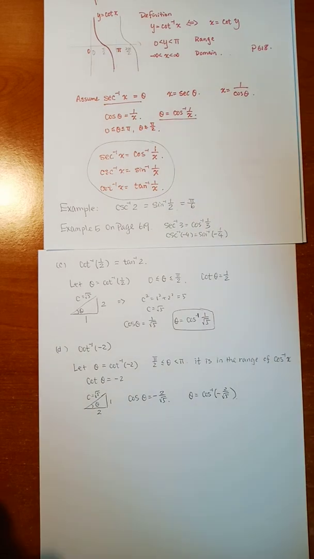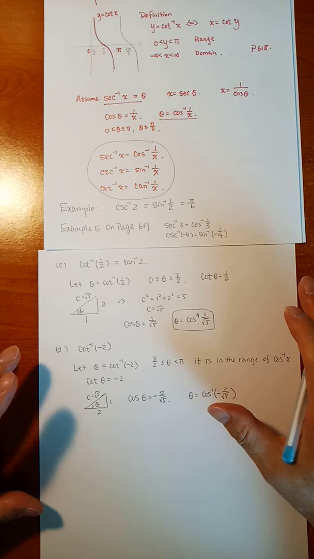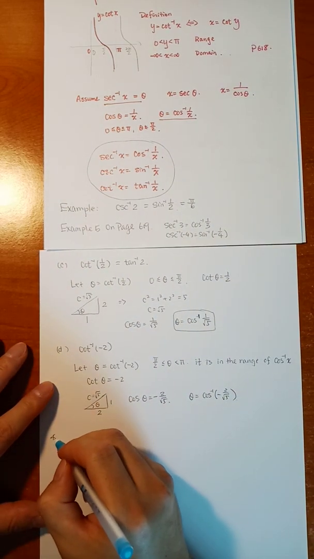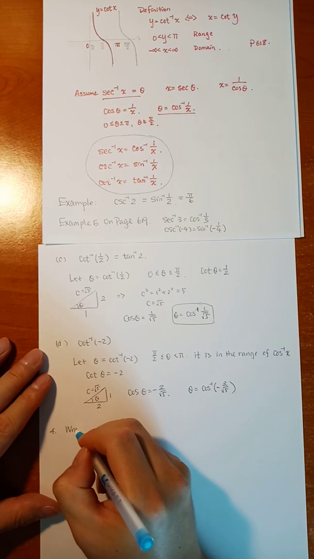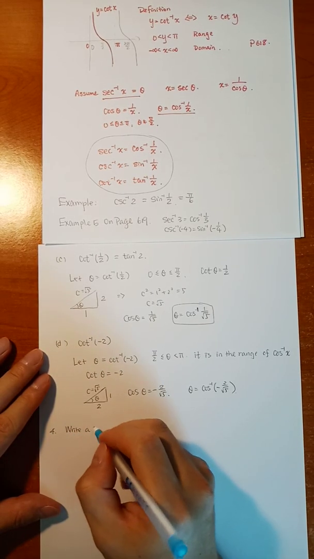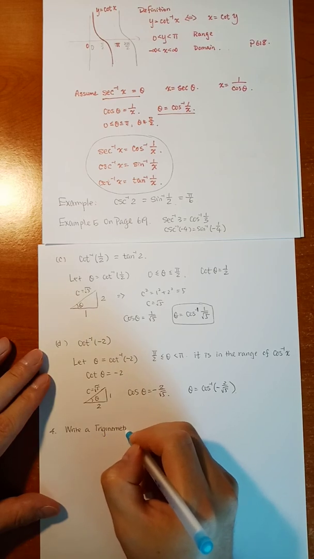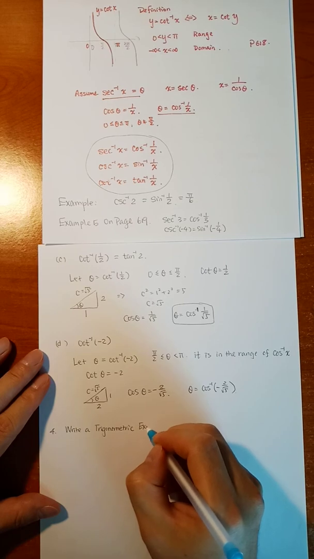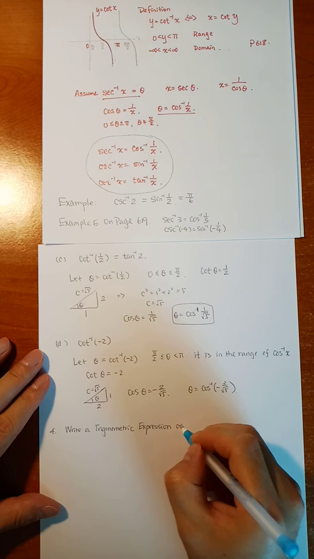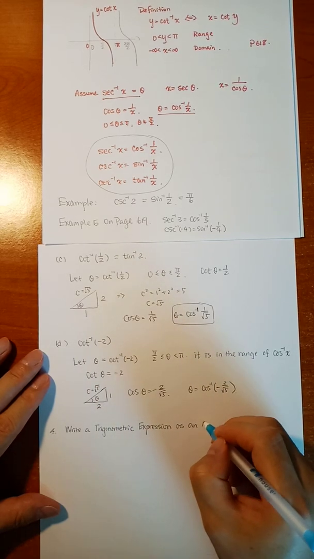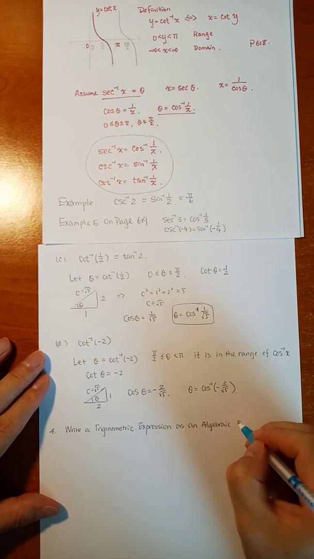All right? Okay, let's make this type of computation abstract. This is part 4. Write a trigonometric expression as an algebraic expression.